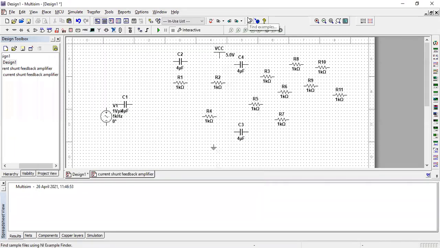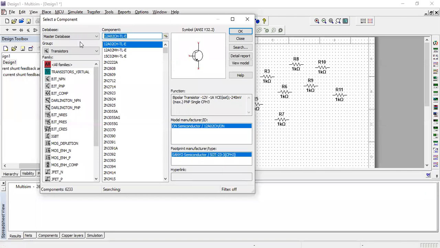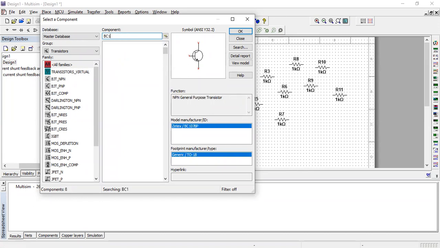Next, I need two transistors. So where are the transistors available? Place transistors are available. So what type of transistors? Can you assist me? What type of transistors are required? BC107BP. So these transistors are required.